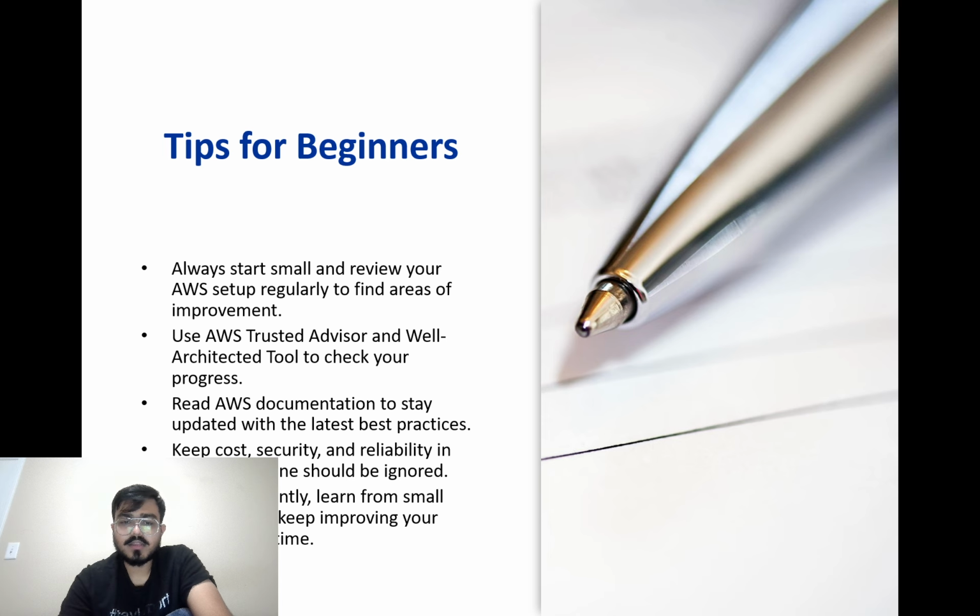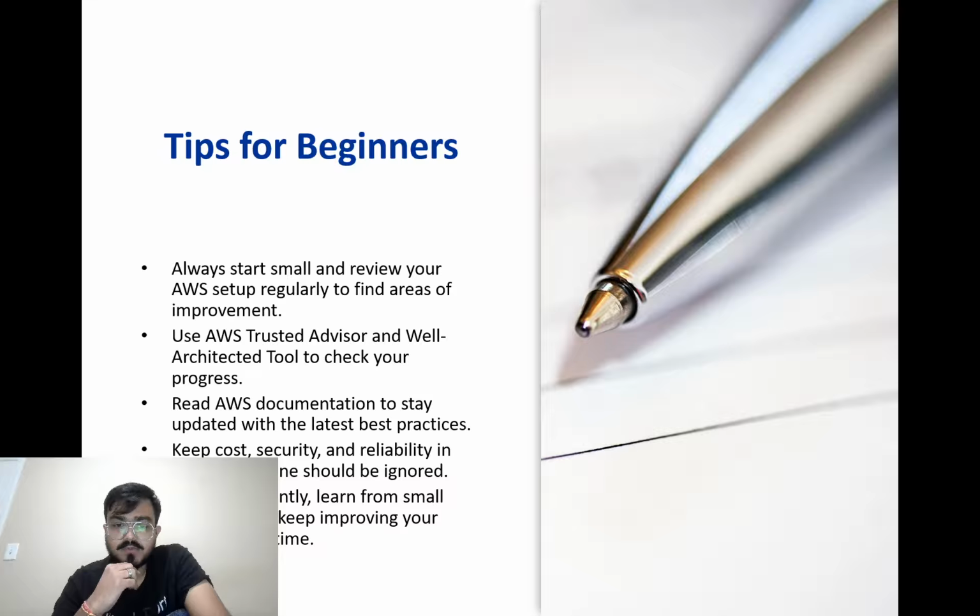For beginners learning AWS architecture, here are a few simple tips. Start small, build simple projects, and review them using the AWS Well-Architected tools. Use AWS Trusted Advisor to check for cost, performance, and security recommendations.